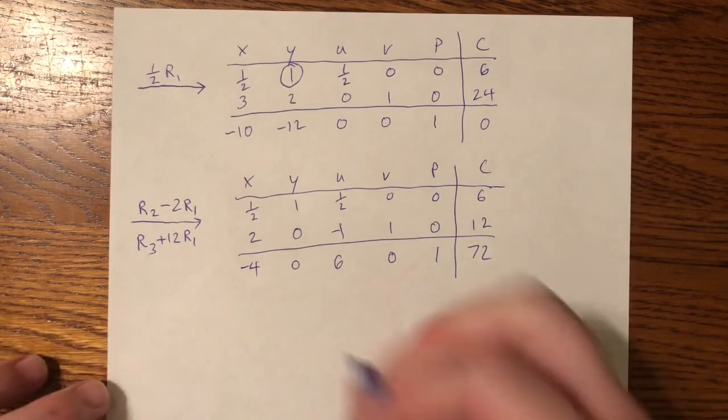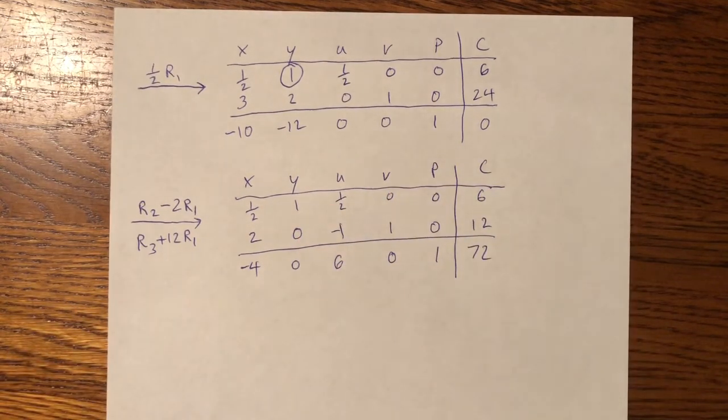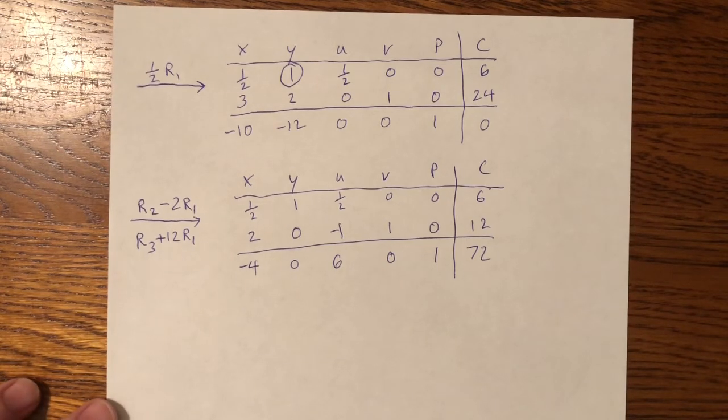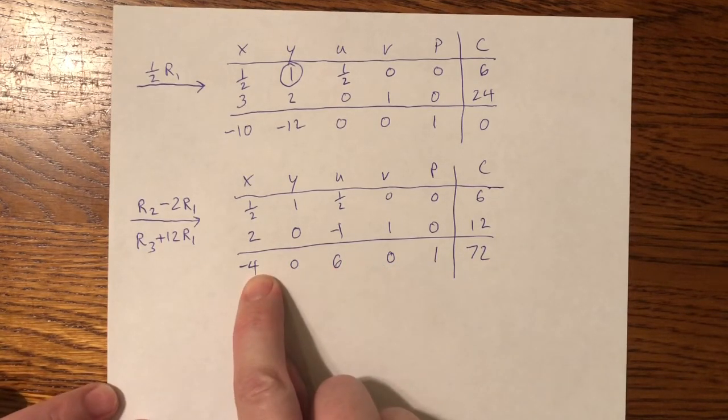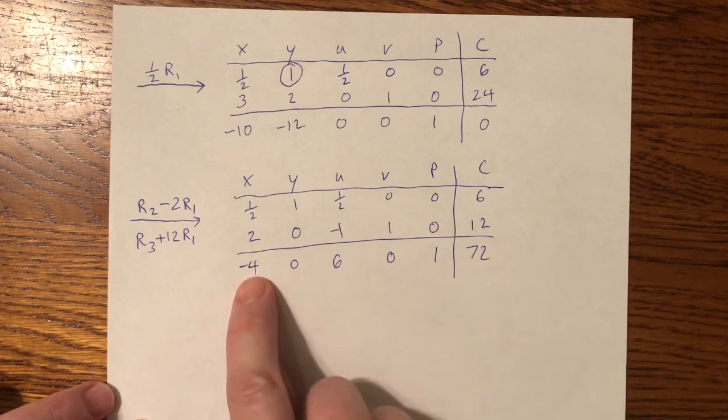Okay, so we've created a unit column. We're finished with really one cycle of the simplex method algorithm. Okay, we've completed one cycle of that. So with that being said, we just go through the motions again. And we keep going through the motions until every entry in our last row is non-negative.